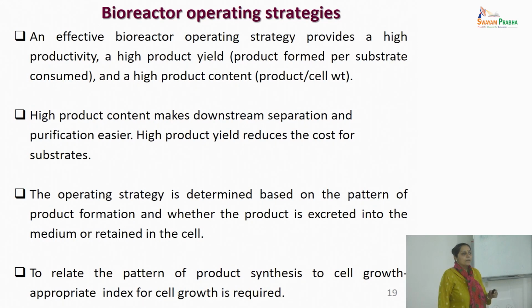But how do we measure the callus, because callus is being maintained on a solidified medium on plates? So we measure the growth of the callus, which is your master or working cell bank, in terms of growth index. Growth index will be a ratio of the change in the weight of the callus by the initial weight of the callus after a certain time, whatever time you have fixed.